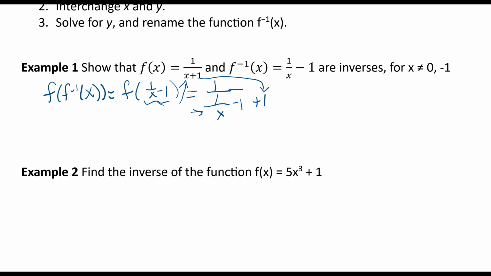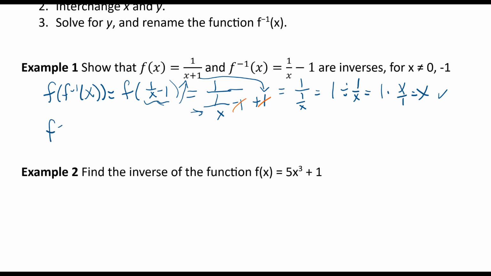Okay, so this minus 1 and the plus 1 will subtract out, giving us 1 over 1 over x, which is 1 divided by 1 over x, which is 1 times x over 1, which is x. So that works.